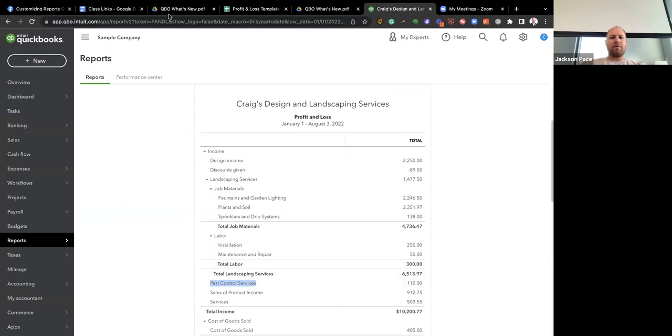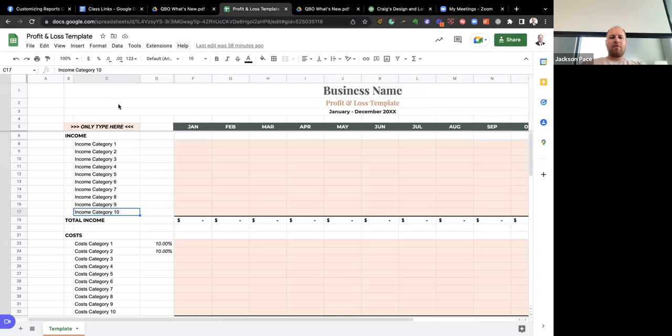We're going to copy that one. So if I come over here into the template, we're going to place our income category number 1 with pest control services. We're not going to walk through every single one of these, but just to give you an idea of where I'm going with it. So pest control services, obviously they're going out and spraying for bugs, I guess.